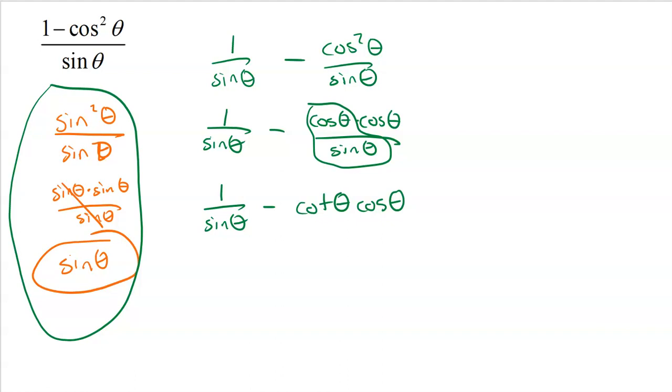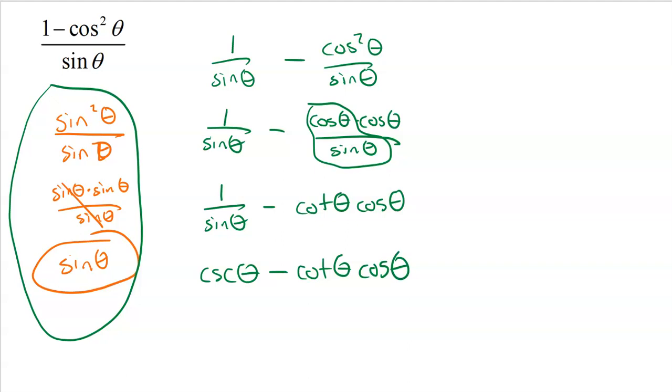Again, cosine squared is cosine times cosine, so I could just take one of those cosines with the sine and get a cotangent. Okay, I'm slowly getting somewhere. I'm not really getting anywhere fast. It's obviously not as easy as my work over there in the orange, but I'm slowly getting somewhere. 1 over sine is cosecant. That's, again, a reciprocal identity.